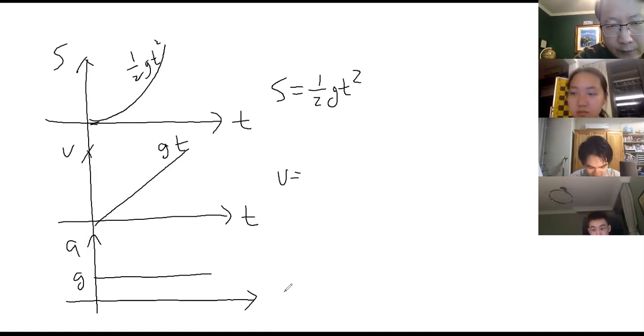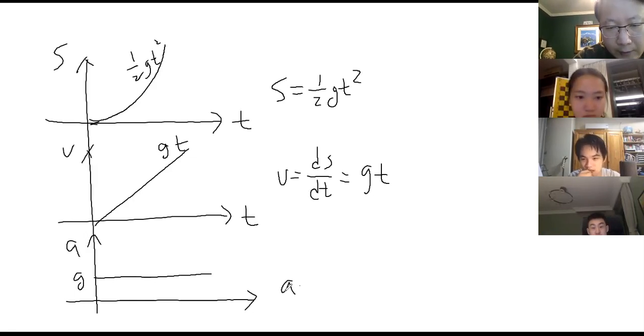V equals ds/dt equals gt. A equals dv/dt equals g.